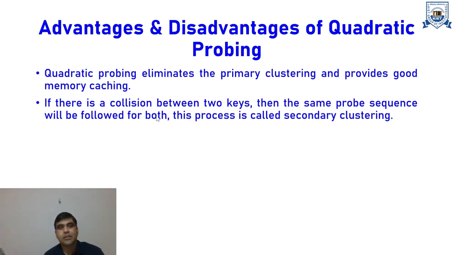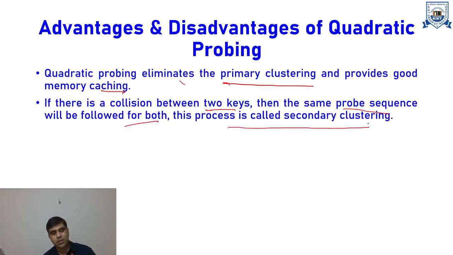So these are the advantages. Quadratic probing eliminates the problem of primary clustering and provides good memory caching, right? Now the disadvantage: if there is a collision between two keys, then the same probe sequence will be followed for both. This process is called secondary clustering.